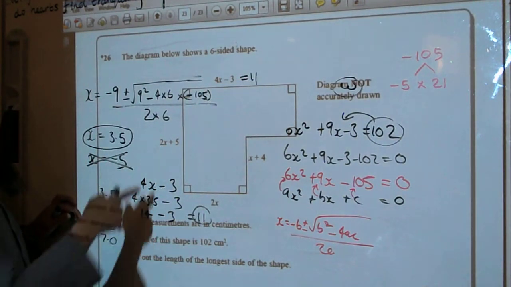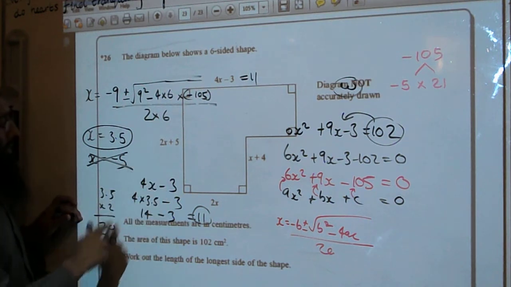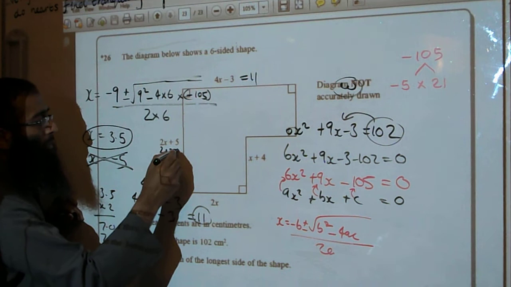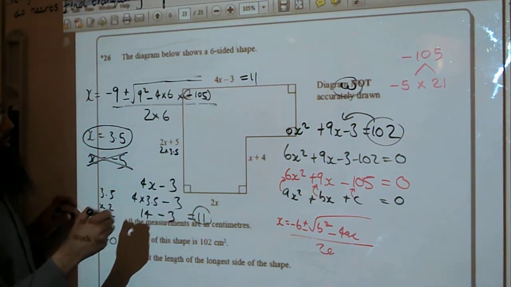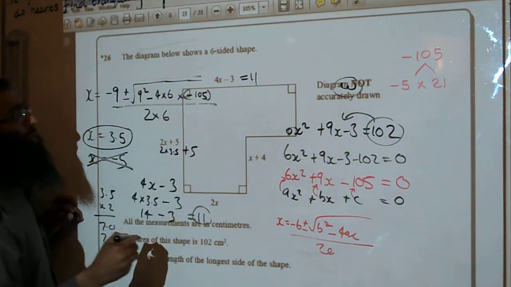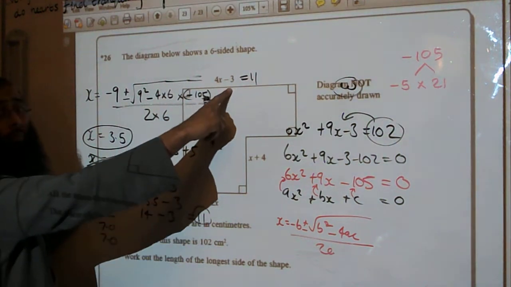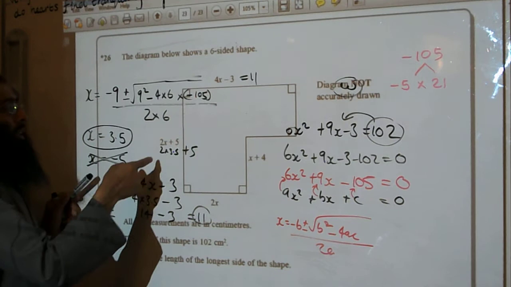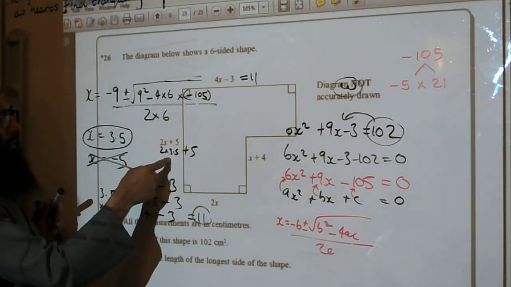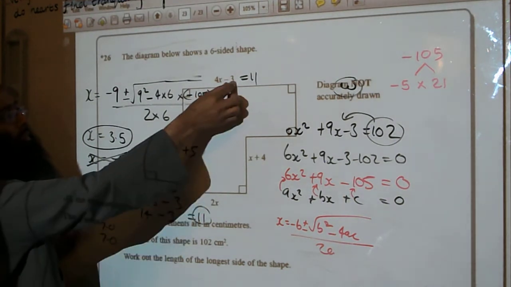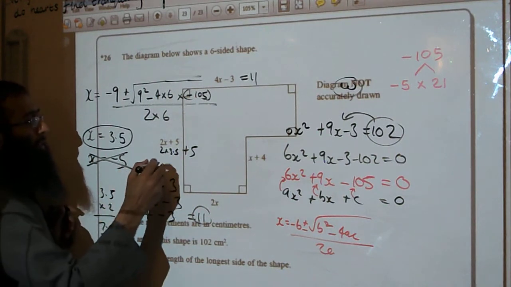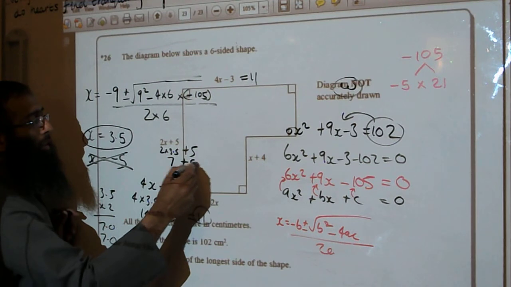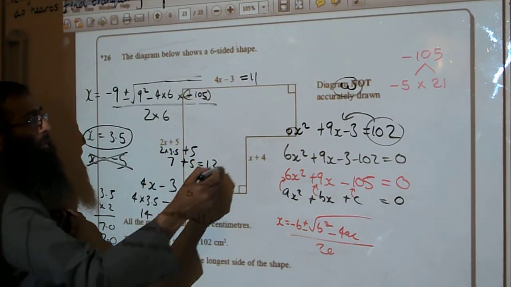Okay, now, if you were to put into here the 3.5, just for the sake of practice, 2 times by 3.5, okay, and then add 5, even though in the beginning I said 4x minus 3 is the bigger answer, when you actually put it into here, you find out that the minus 3 makes the answer smaller. 2 times by 3.5 is 7, 7 add 5 is equal to 12.